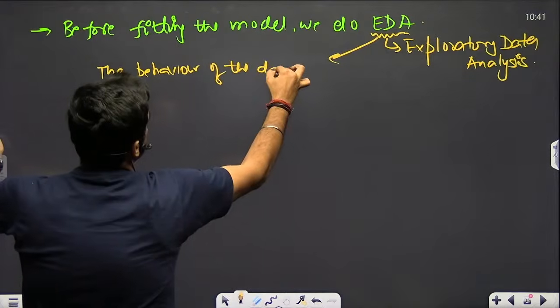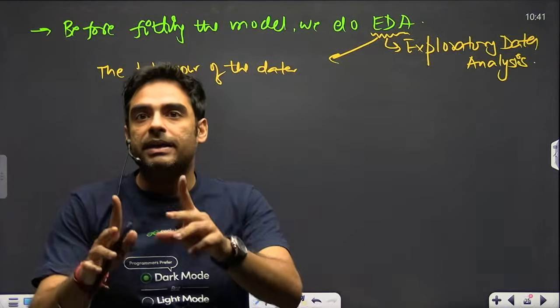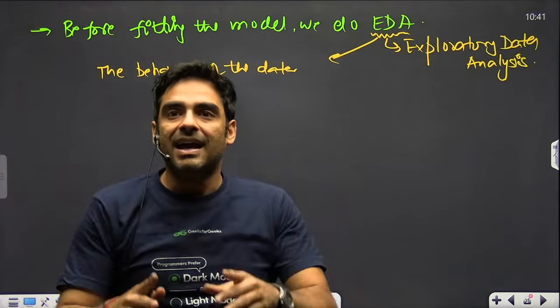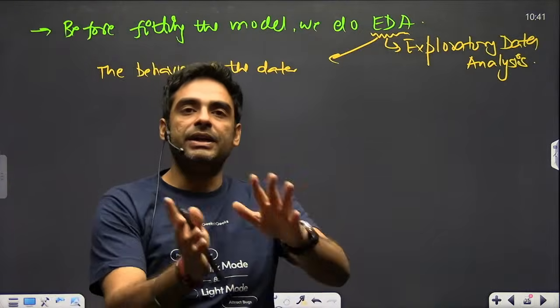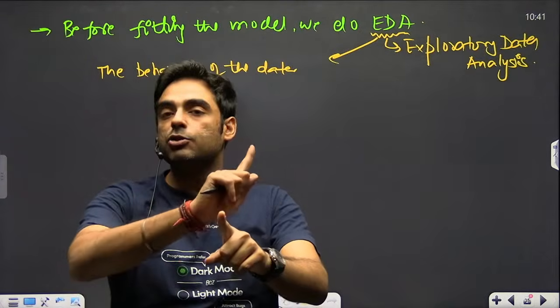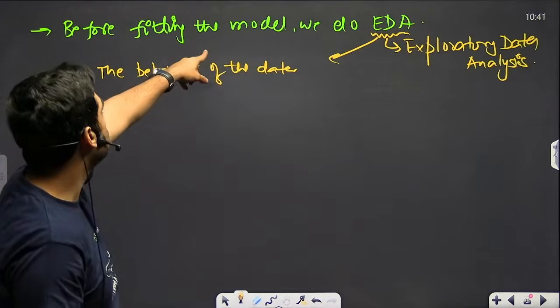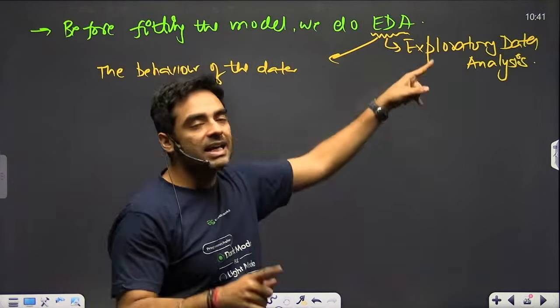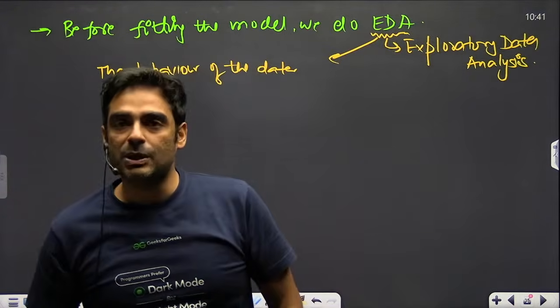You should not do it like this: you just saw a data set and fitted a model. That is wrong. Whenever you get a data set, you should always firstly do the EDA of that. And what is EDA? You try to clean the data, you try to see the correlations between the different variables.